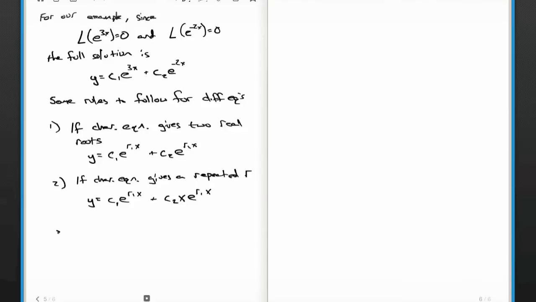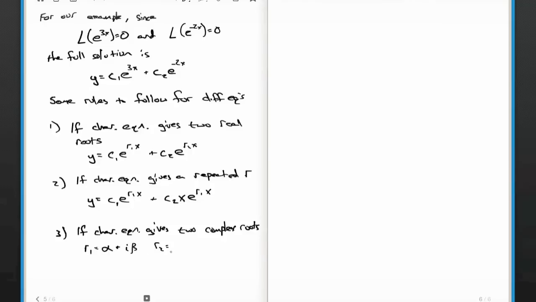3, and this will be the topic of another video, if the characteristic equation gives two complex roots, right, such as r1 equals, let's call it alpha plus i beta, and then r2 equals, well, what would r2 be?